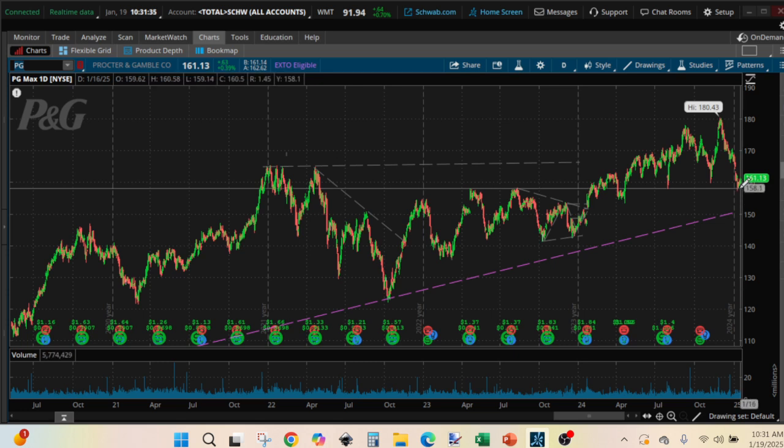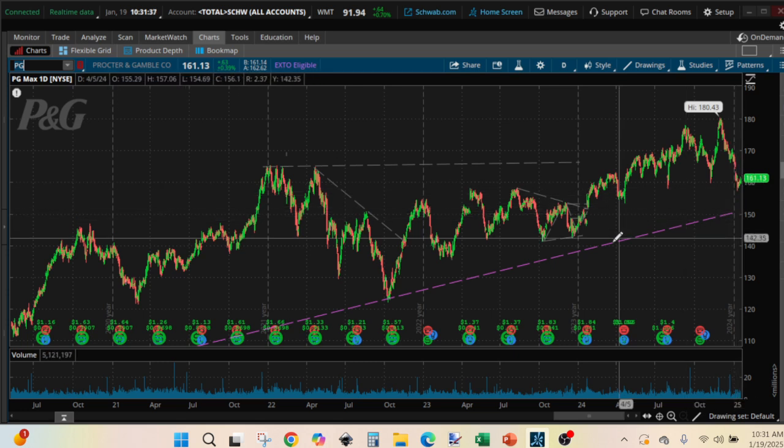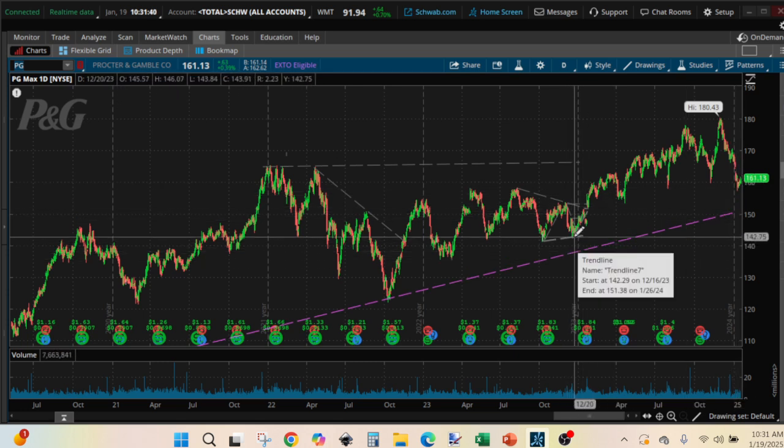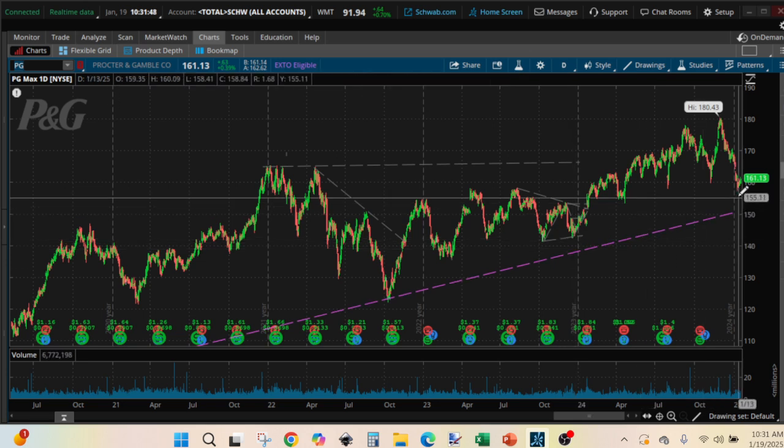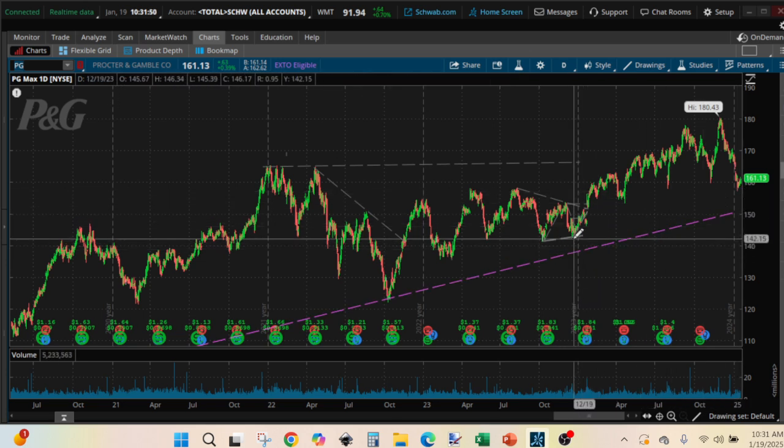Like here is close, 142, 138. That is the difference in price there. Don't we know how much that is? 138, 142, that would be a $6 difference.